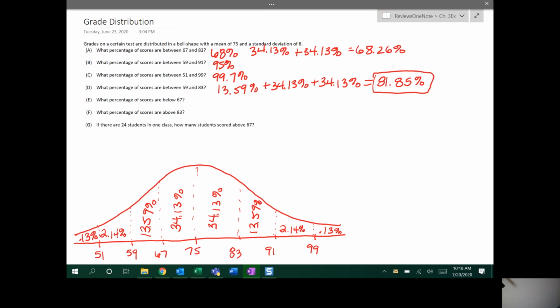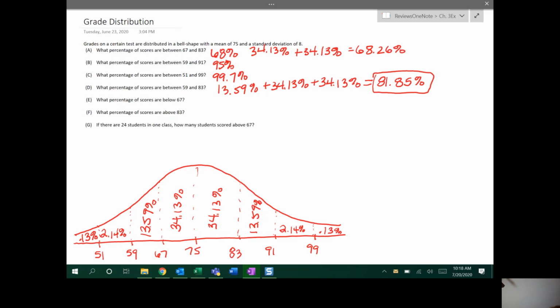You can also do things not just between. In part E, they're asking about scores below a 67. So for scores below a 67, you would take all of the percentages below 67.